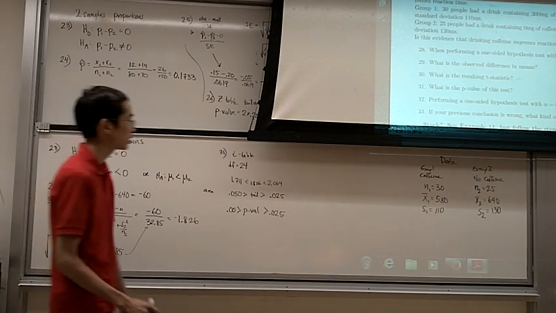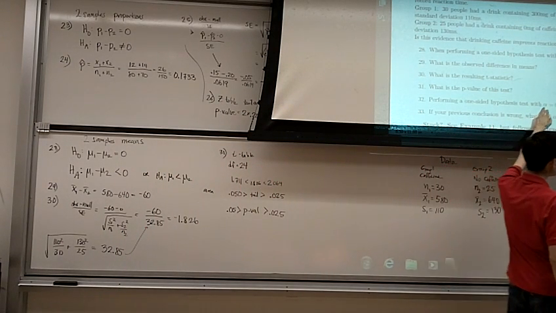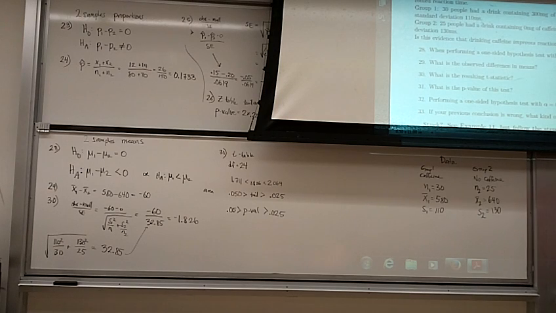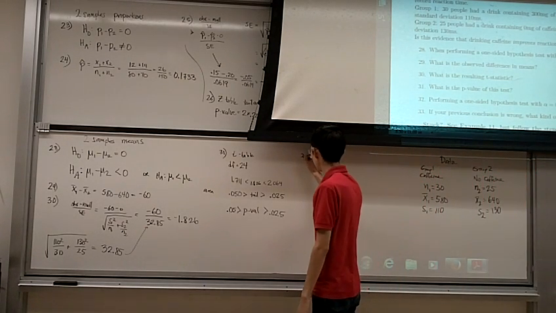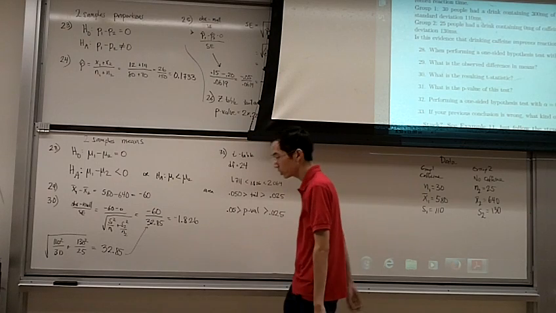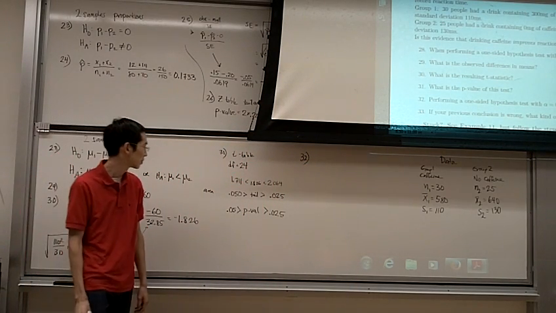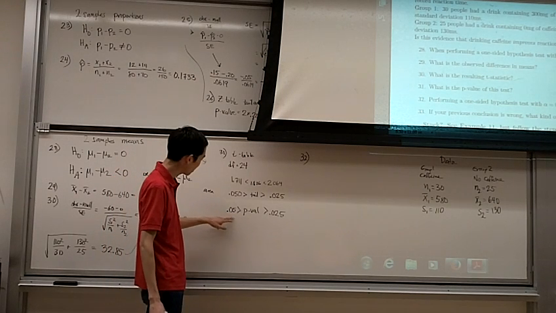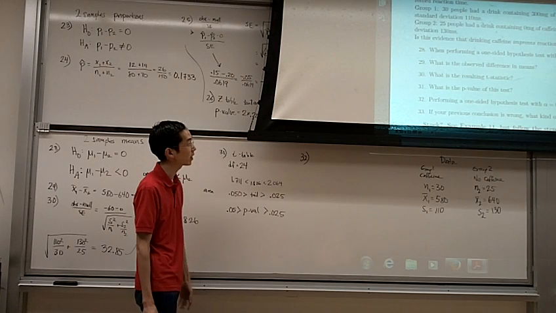Number 32 says, perform a one-sided hypothesis test with alpha equal to 0.05. What conclusion do you make? Is my p-value bigger or smaller than 0.05? Right here it says 0.05 is greater than p-value. So my p-value is less than 0.05.